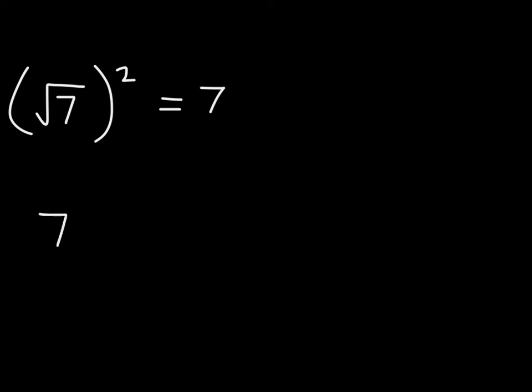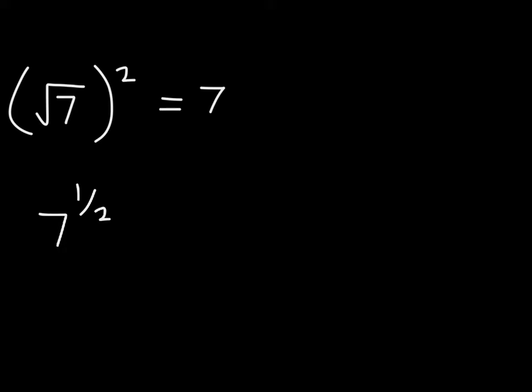To get us started, I want you to consider the number square root of 7. If I take the square root of 7 and I square it, I get 7, right? Because after all, the squaring action cancels out the square root action. Now consider the expression 7 raised to the 1/2 power.